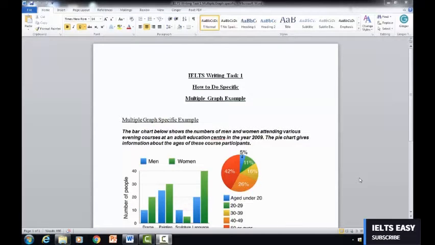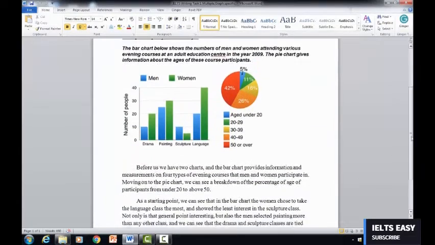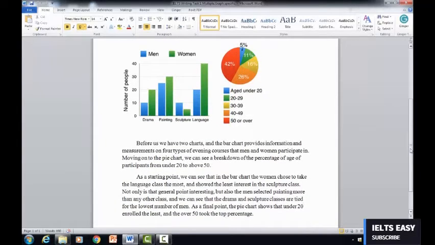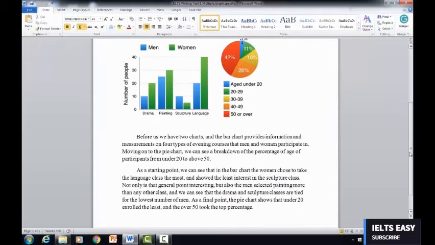Now let's move forward and write our 3rd and 4th paragraphs for this multiple graph chart. We have a bar chart and a pie chart, and as you know, we've already written our introduction and our general overview.